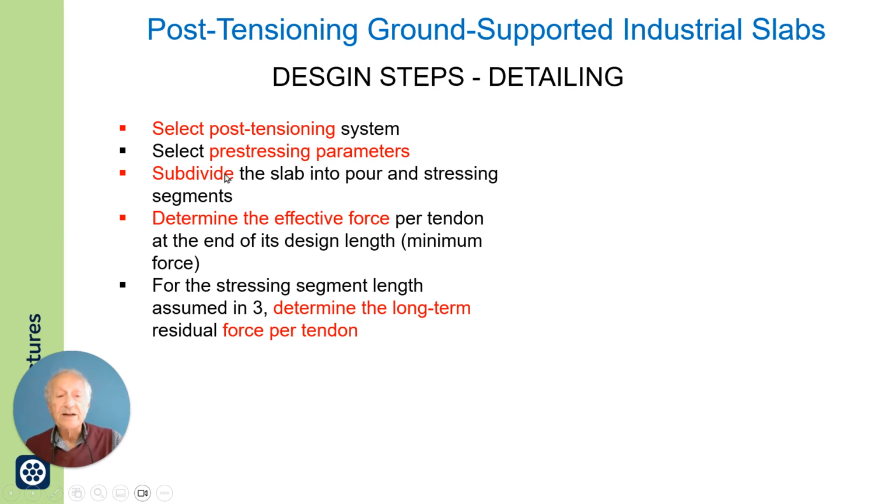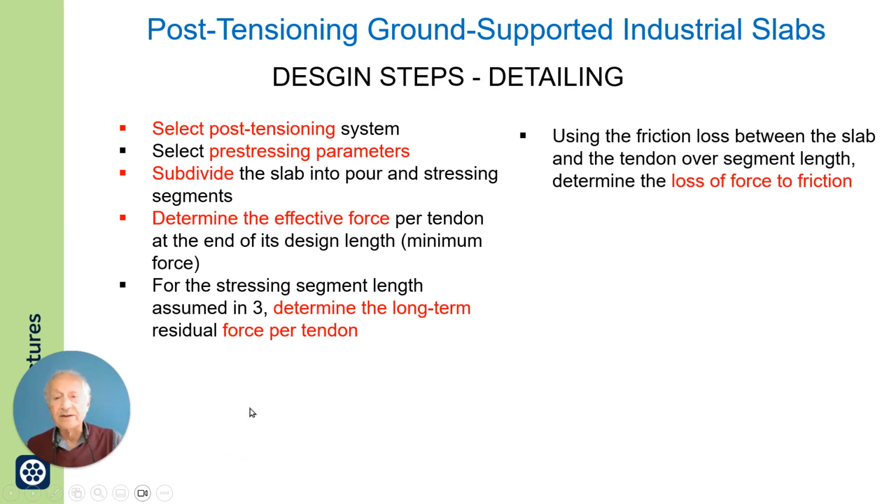We had here determine the effective stress and break the slab into segments. We will go through this in a numerical example shortly. So use the friction loss between the slab and the tendon over the segment length that you stress. Determine the loss of force due to friction.